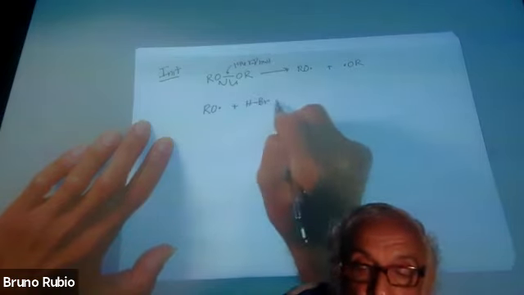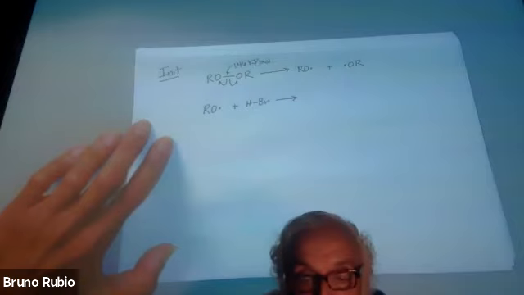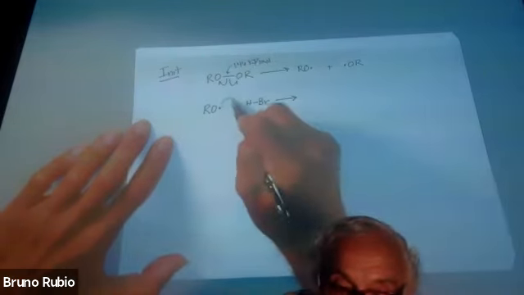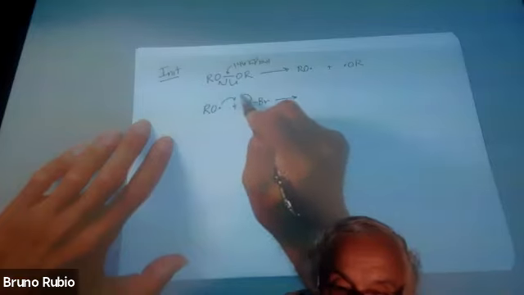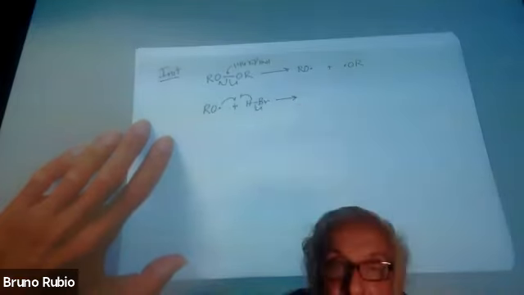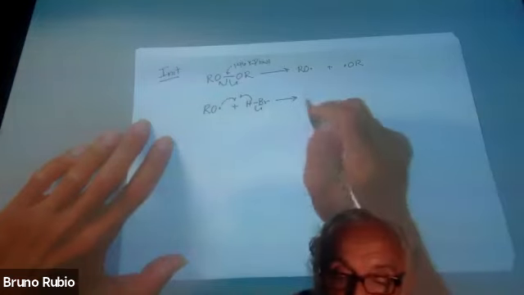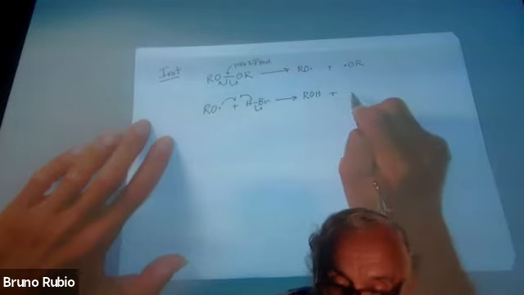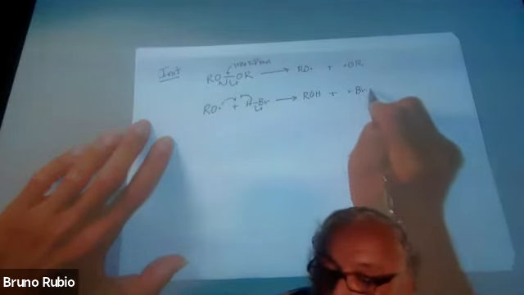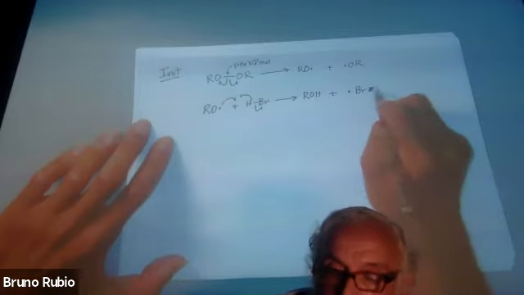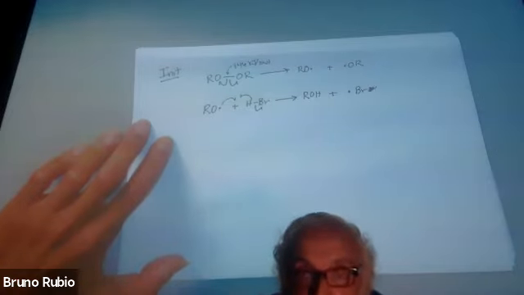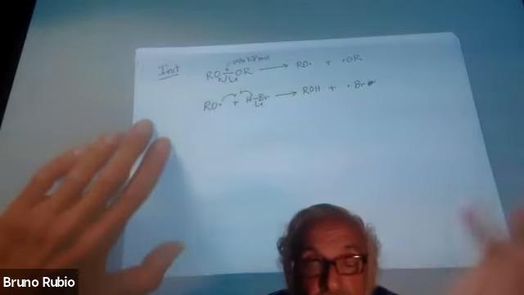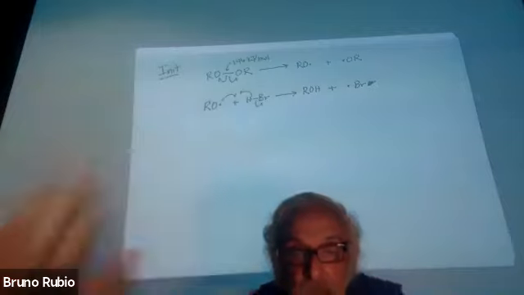There's a ton of HBr at the beginning of the reaction, and this oxygen atom is going to complete its octet by destroying the HBr bond homolytically. We get an alcohol plus Br dot. Whoa, not two dots. Plus Br dot. That's our initiator radical that now feeds into propagation.